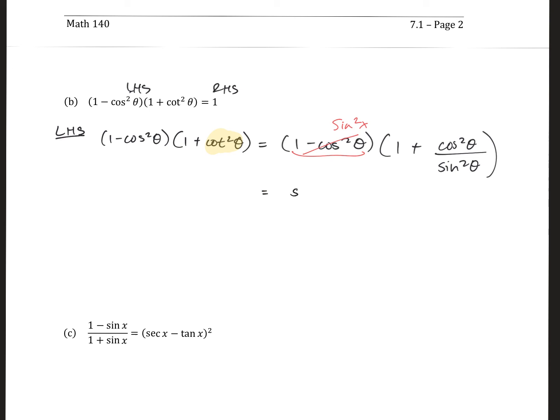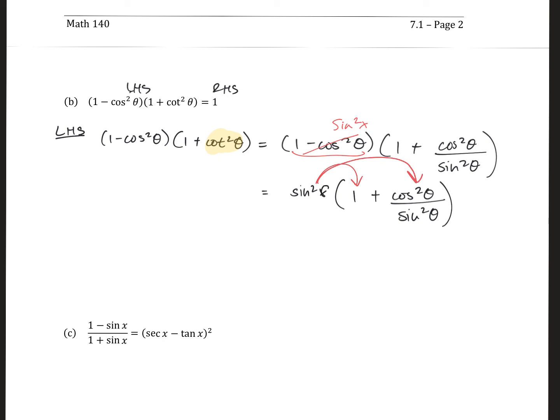So then we have sine squared of x times 1 plus cosine squared theta over sine squared theta. You might say, well, can we use an identity to substitute for this value here? We don't have any of the identities that have a fraction going on like that, so that's probably not going to work. So the next thing I could think of, let's go ahead and multiply these out and see what I get. Because I have a feeling that sine squared is going to cancel with the other sine squared.